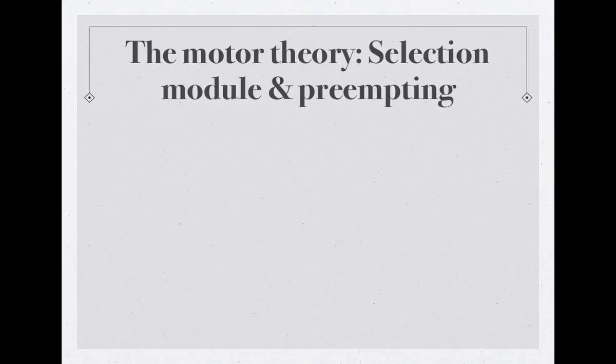Here is what we mean by selection: selecting the real sounds and filtering out the other noise, in order not to perceive it, not to go through it. Okay, let's not bother about this noise. This is what we mean by the selection module. So the motor theory is complemented by this component.